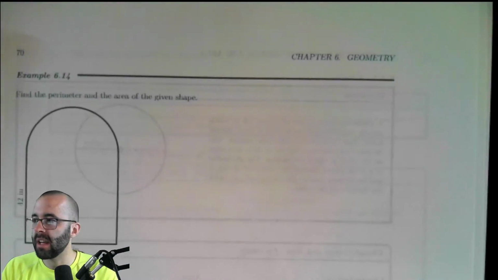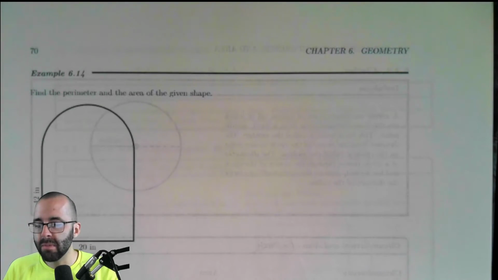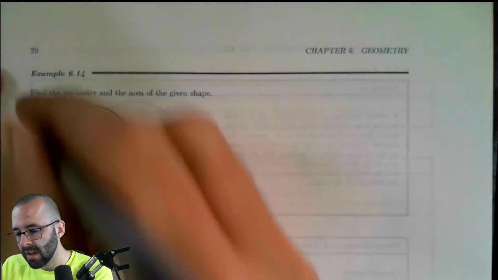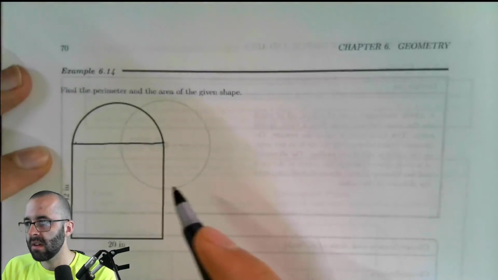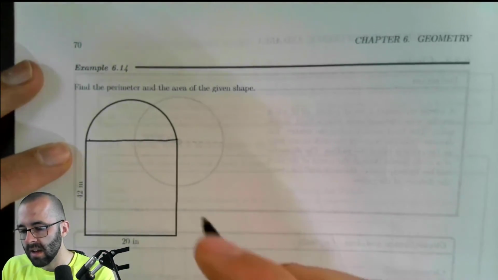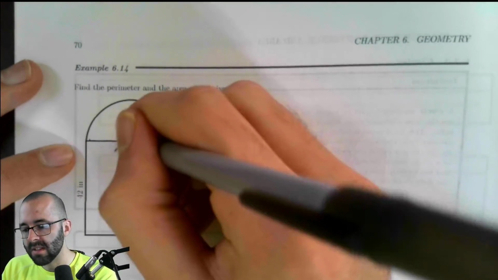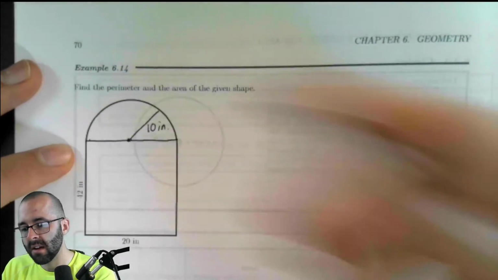And you can have more complicated shapes too. Whenever you have more complicated shapes, a lot of times we can simplify them into easier shapes. So notice in this shape, this is just a semicircle and a rectangle. The semicircle has diameter of 20 inches, which means the semicircle has a radius of half of that, 10 inches.